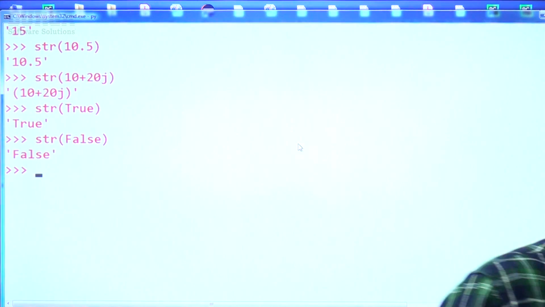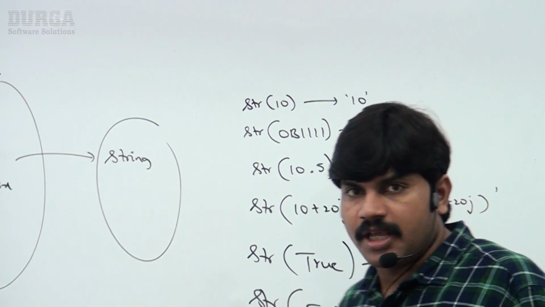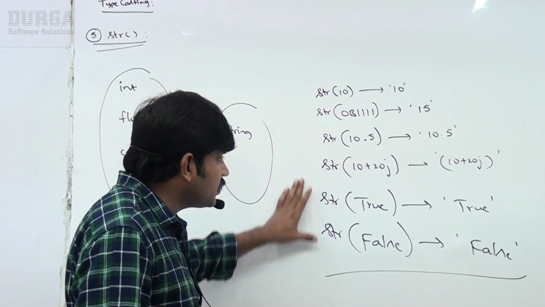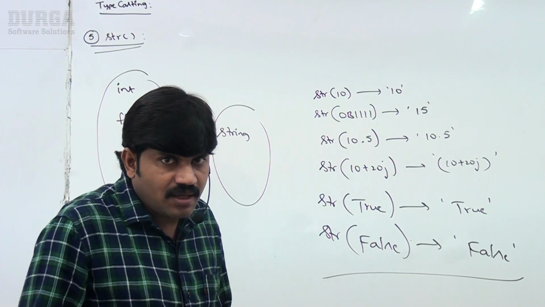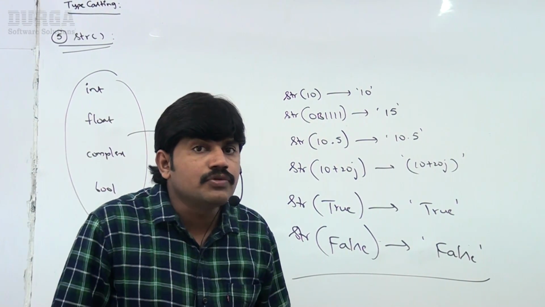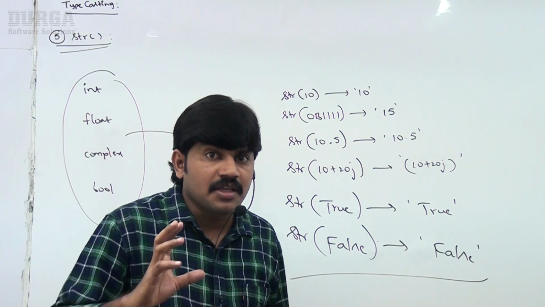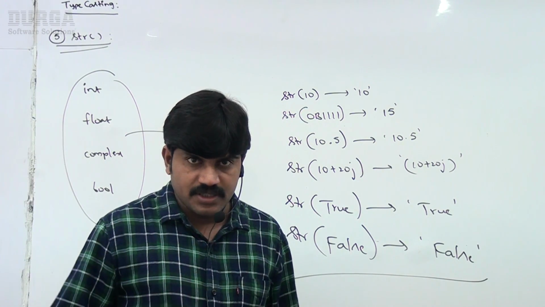Okay, clear, right? So that is how to convert other types to string type. This is how to use the str function, right? That's all. It's very clear how you can perform typecasting by using these Python inbuilt typecasting functions. Clear, right?